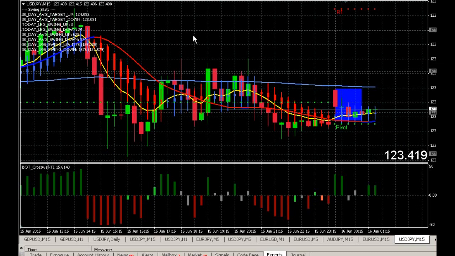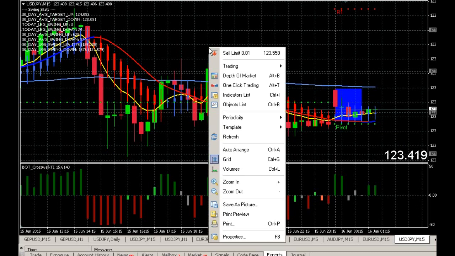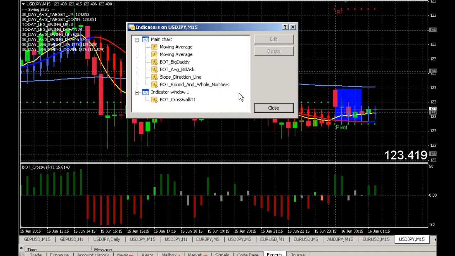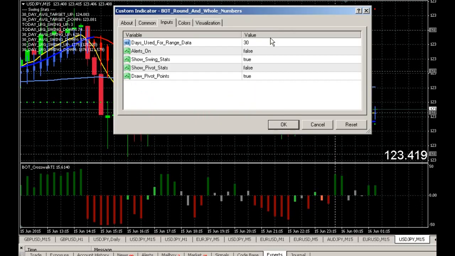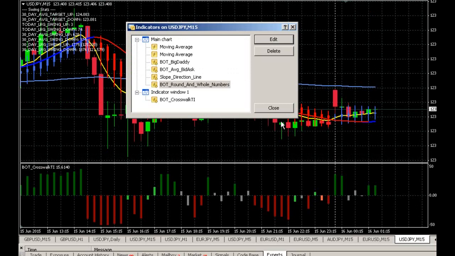If you do not see the lines for the round and the whole numbers when you initially load the BigDaddy template, I want you to right click, go down and select indicators. Go down here to round and whole numbers. Click edit.